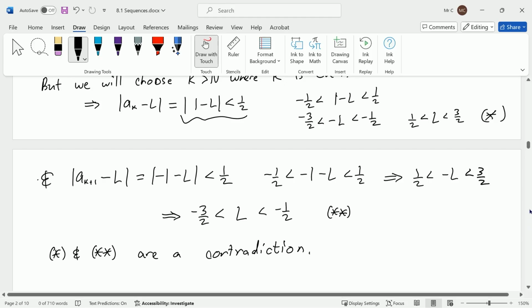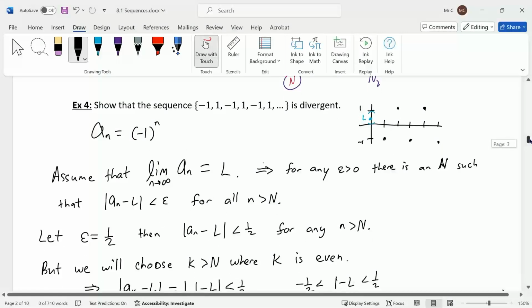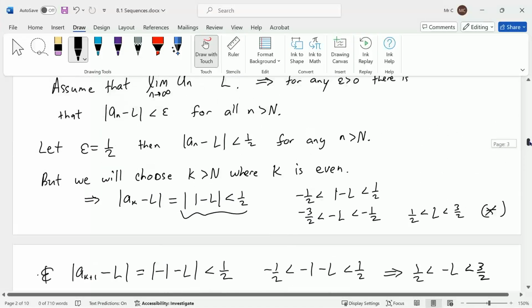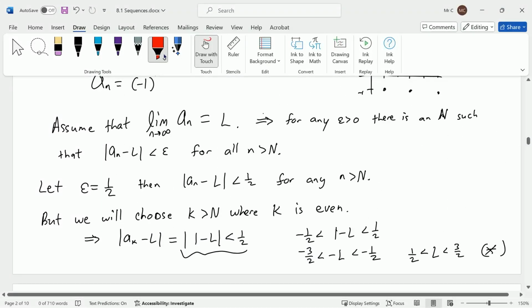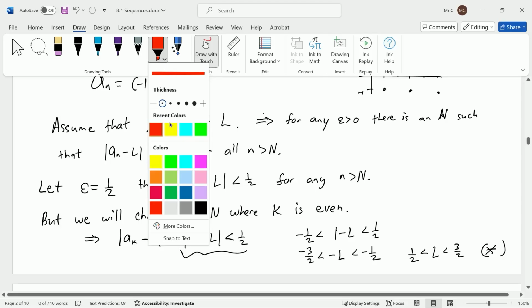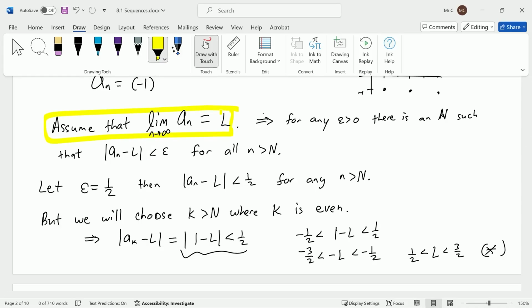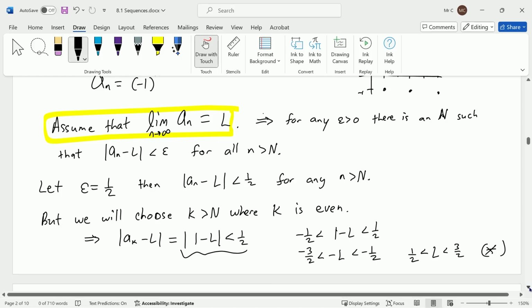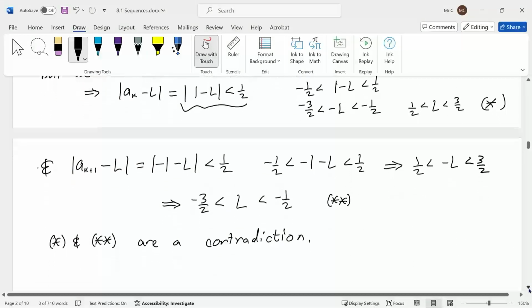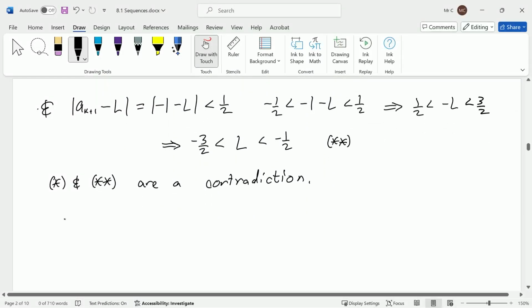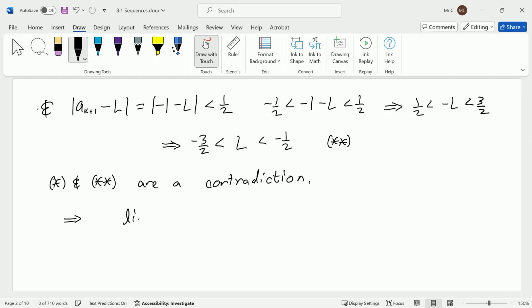Okay, well, what does that mean? That means that everything I said here was true, except for the one assumption that I made without evidence, which was this: I assumed that the limit existed and was equal to L. Since that resulted in an impossible situation, that implies that the limit, as n goes to infinity, of negative 1 to the nth power does not exist.